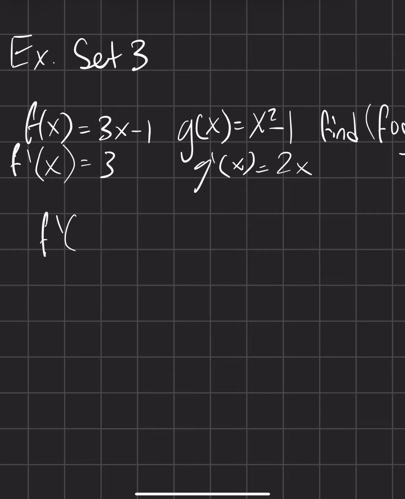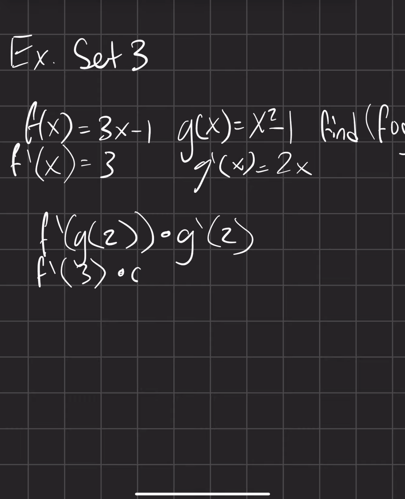But let's write this out here so we can follow along. So here we did g of 2, right? And then we're still going to be multiplying whatever this is, g prime of 2, right? And now we know that g of 2, with what we just did there, was 3. And we're still looking for this.